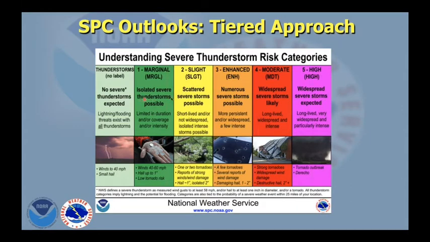But as you go right on this list, the more intense weather they're expecting. So marginal, you might get a severe storm. Slight, you might see a couple severe storms. Enhanced, numerous. Moderate, widespread, and high, widespread, except with long, intense tornadoes.